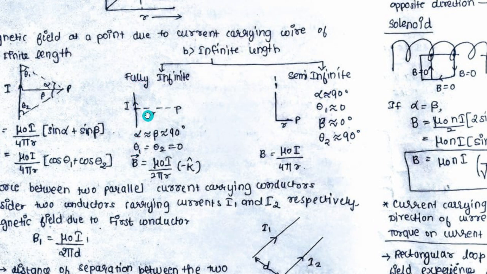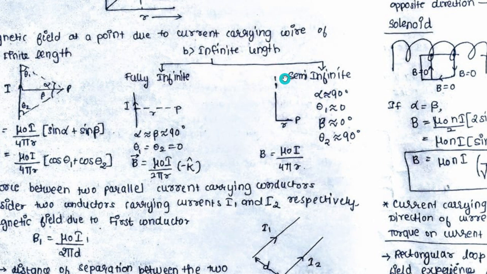Here I is the current, and r is the distance from the point P. So here alpha is almost equal to beta, which is almost equal to 90 degrees, because we don't have any finite length to make those angles. So theta 1 is equal to theta 2, which is equal to 0. So my B vector is equal to mu naught times I by 2 pi r in the minus k cap direction, that is, the direction of negative z axis.